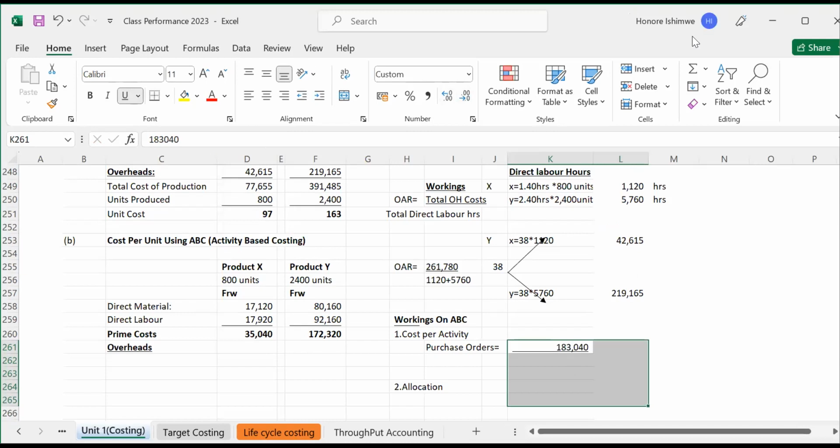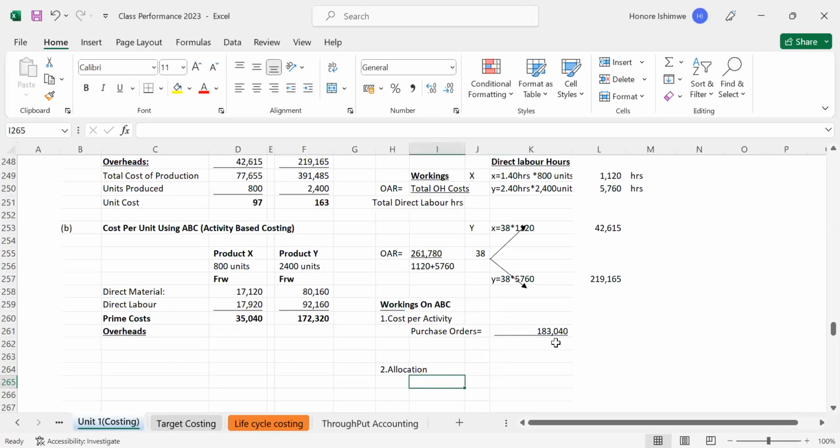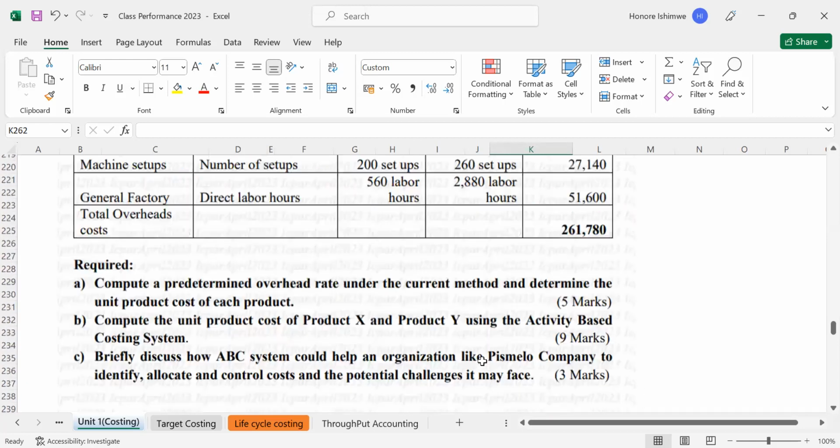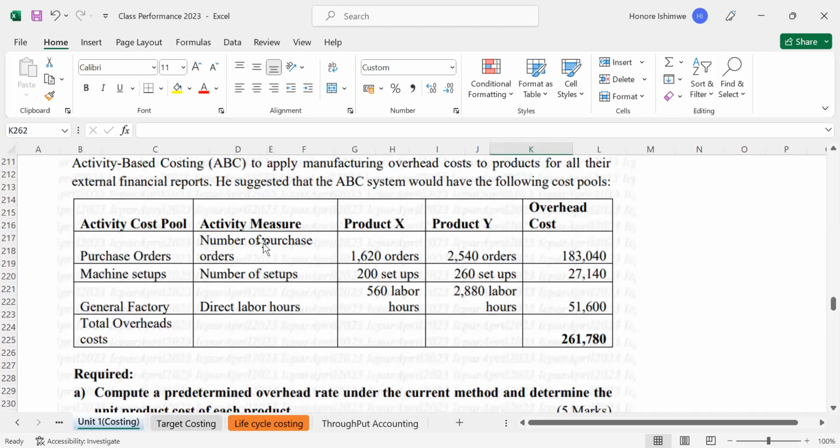Now, if this was my cost of overheads, I also need to determine the cost driver. The examiner says I have to use the number of purchase orders, so you will apportion it using the number of purchase orders. And they give us the figures for product X and for product Y. You see, this examiner is good.